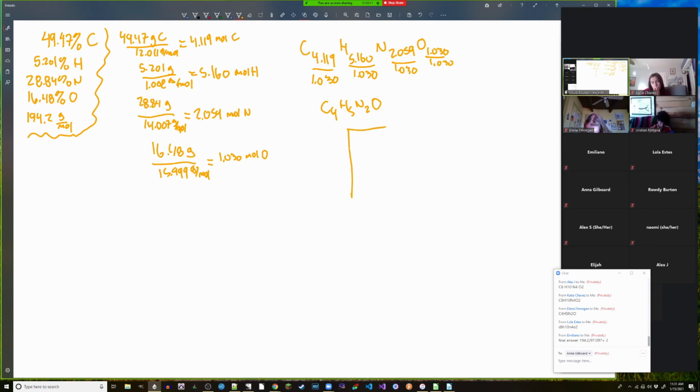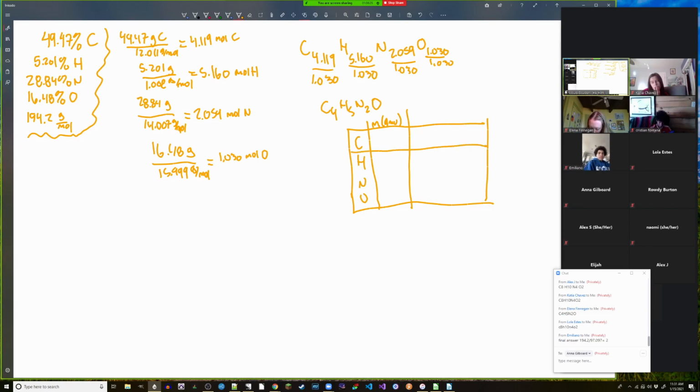So the mass of this particular compound, CHNO, mass in AMU, we know this already. We've already used these numbers: 12.011, 1.008, 14.007, and 15.999. There's 1 oxygen, 2 nitrogens, 5 hydrogens, and 4 carbons.